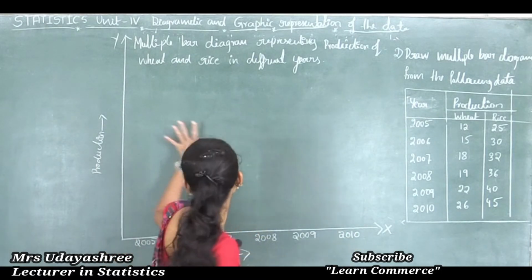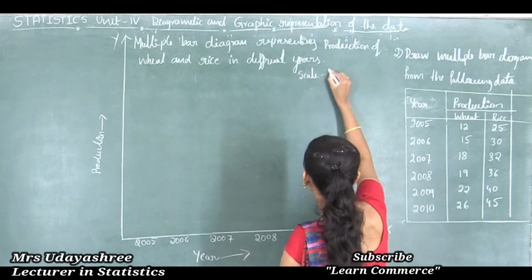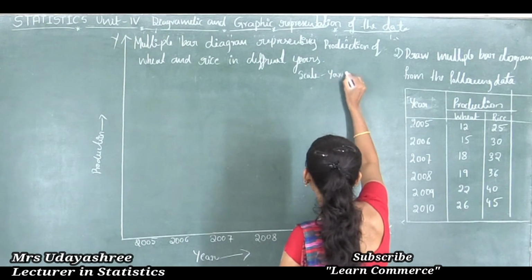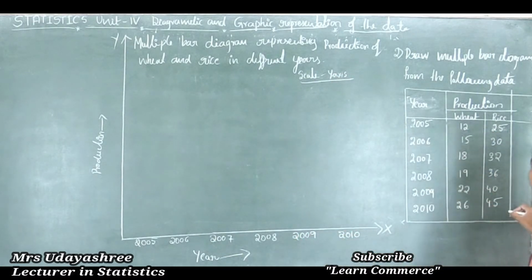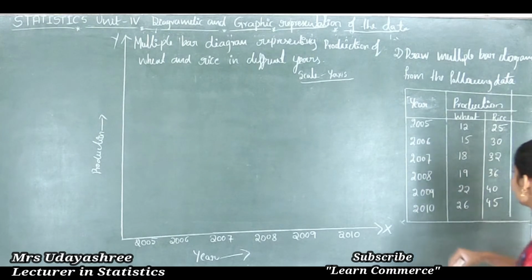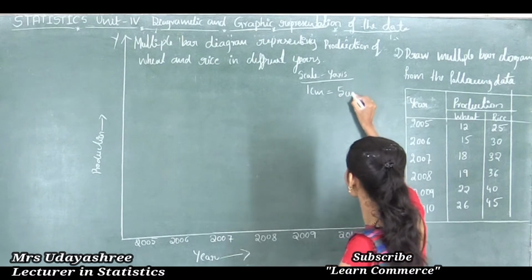The given years are 2005, 2006, 2007, 2008, 2009 and 2010. And for drawing the y-axis I will take the scale for the y-axis. See the observations are like this, therefore a suitable scale is 1 centimeter equal to 5 units.